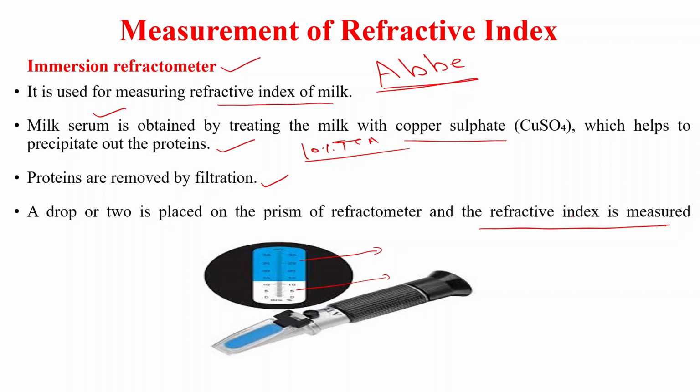This is just to remove the hindering components, that is fat globules and proteins, from the milk, especially if you want to determine the contribution of lactose or sucrose in sweetened condensed milk. Otherwise, we can take milk directly, but proper calibration should be there.